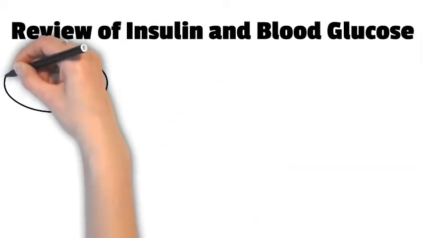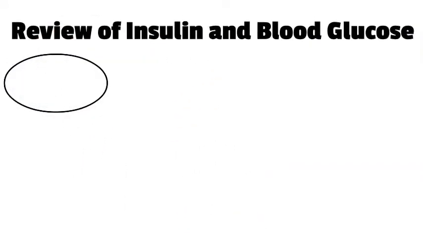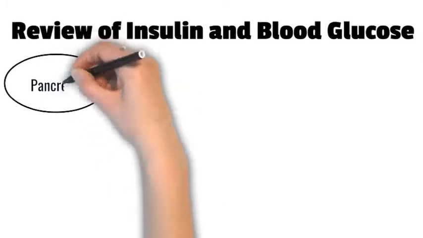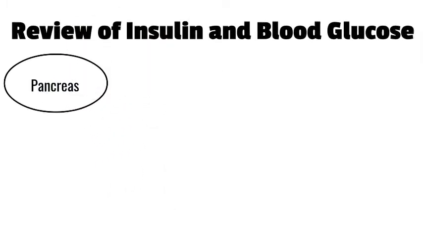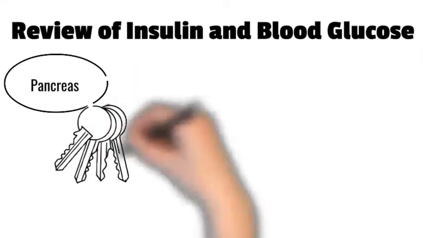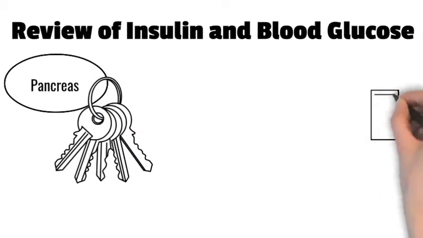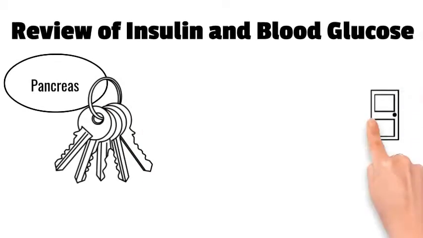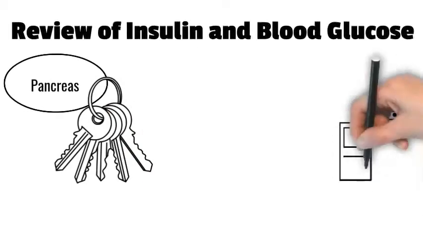In a healthy cell, insulin and blood glucose have kind of a good relationship. The pancreas makes insulin, and insulin is like a key. And there are these little doors on the outside of body cells, right?